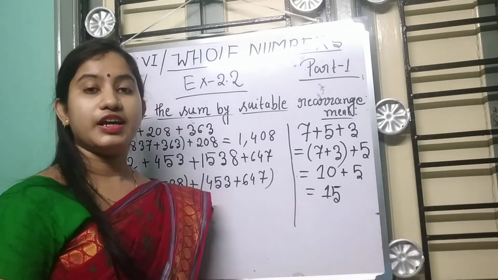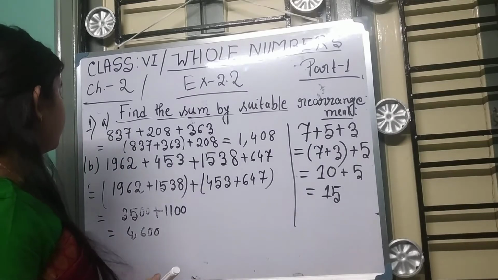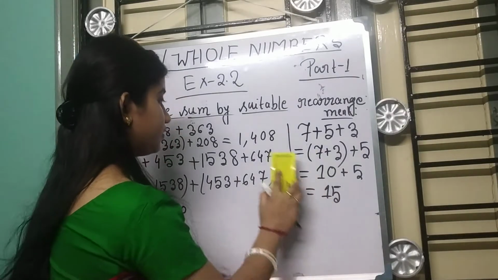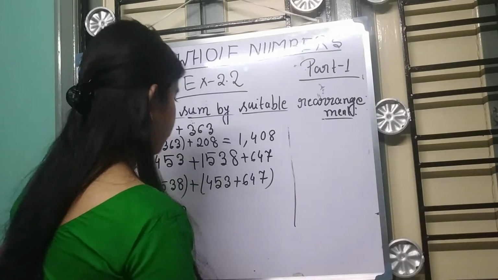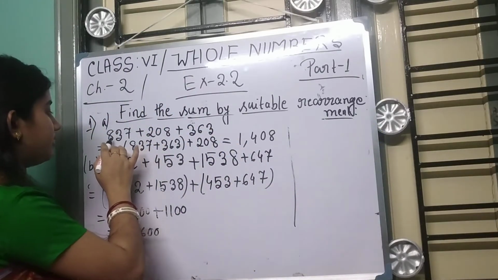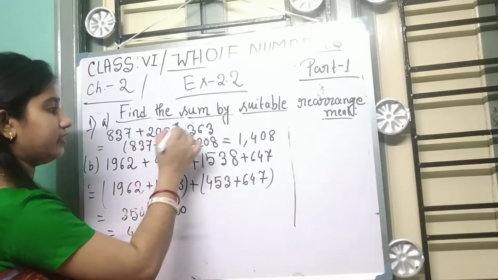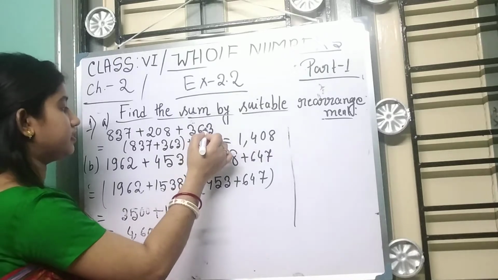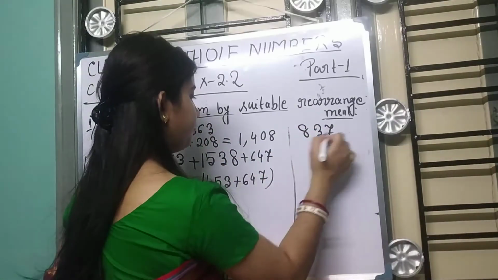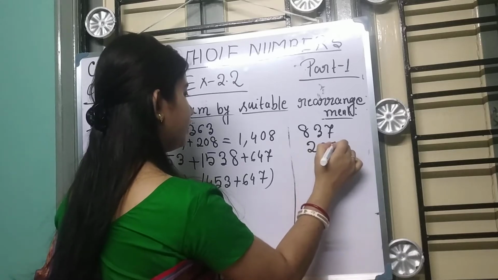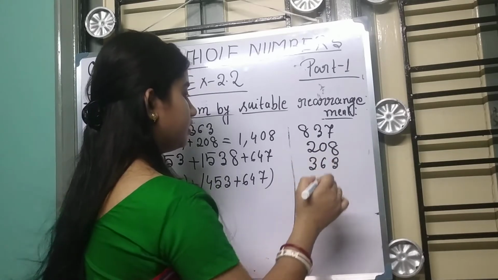So in this similar way, we do number 1a. First we do number 1a. Here three numbers are given: 837, 208, 363.